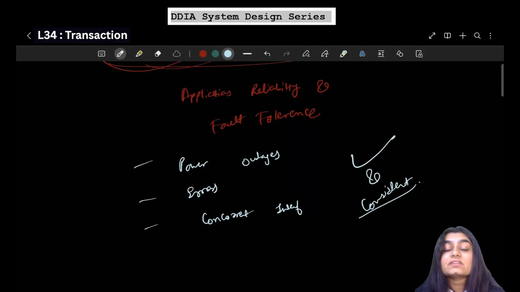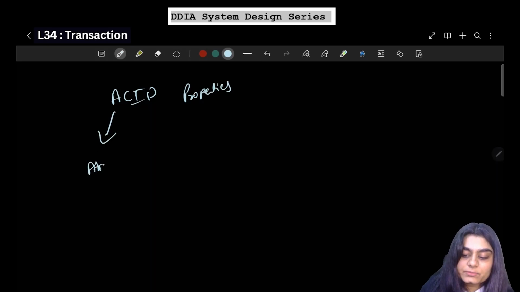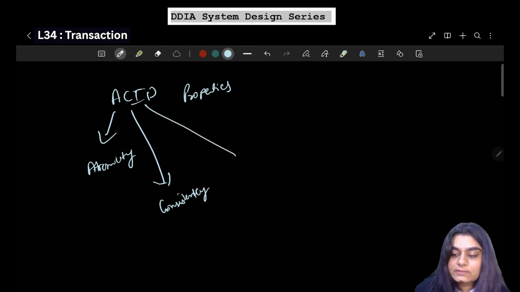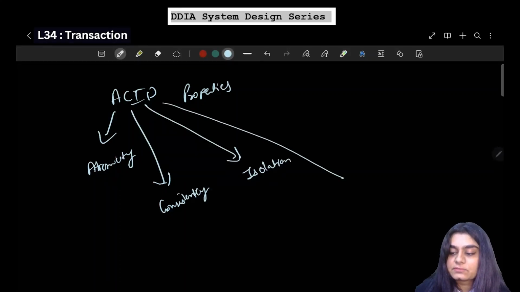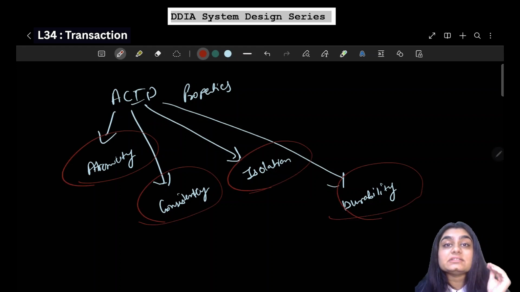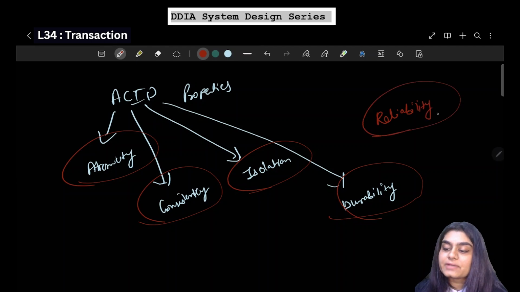These guarantees are so fundamental that modern databases implement a set of properties for transactions known as ACID properties. A stands for atomicity, C stands for consistency, I stands for isolation, and D stands for durability. Each of these properties addresses a different aspect of reliability. Now let's deep dive in.